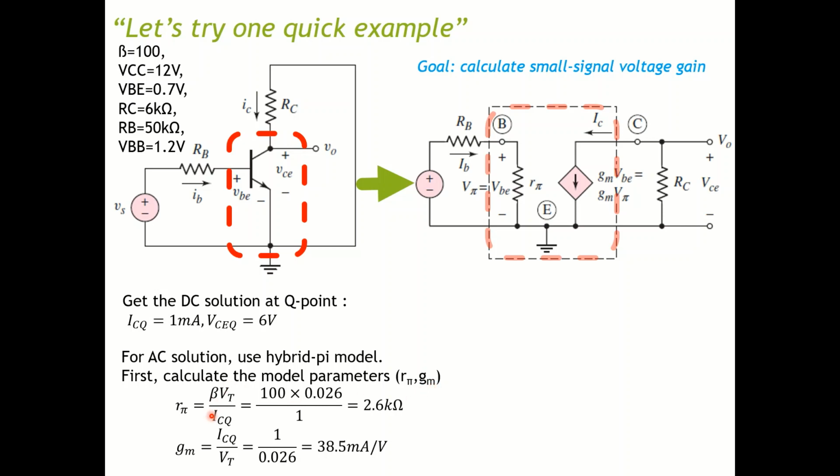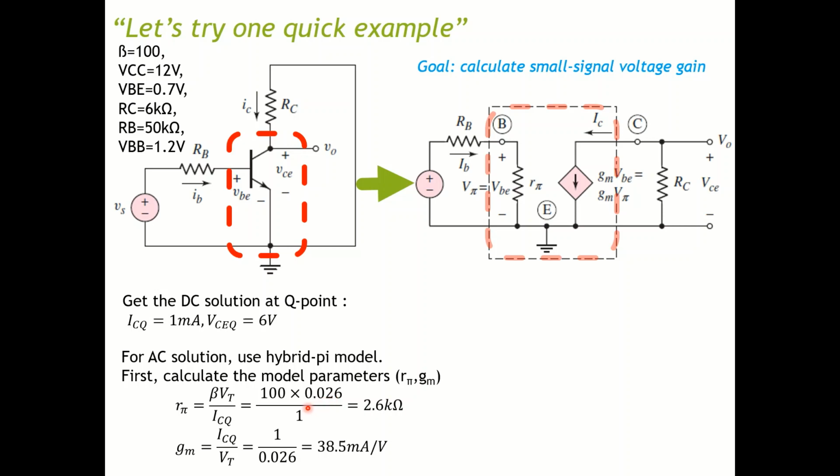Okay, and so for RPi, from the previous slide, it's going to be beta multiplied by VT over ICQ. So you have ICQ, you have beta, but what is VT? So VT, if nobody says anything, just use 0.026, the default value at room temperature.